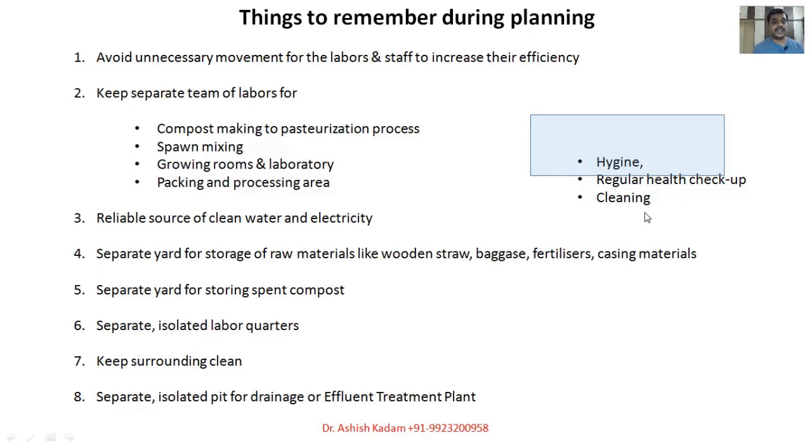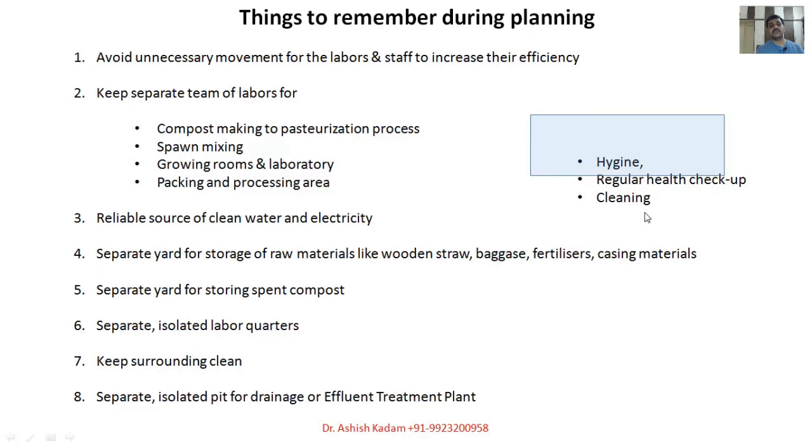So we have to take care in the right spirit when you are planning the plant for the storage of these areas. Then a separate yard for storing the spent compost. This is very important, and generally missing when you are planning it. We generally forget that we are going to get a lot of compost after every cycle of the crop.